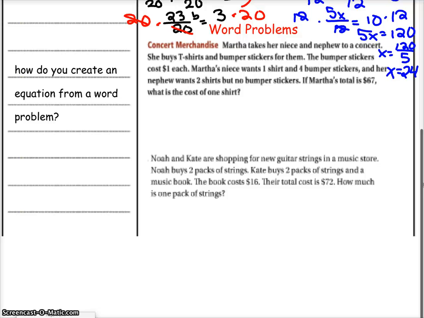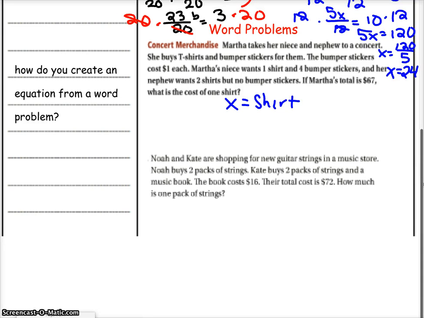Okay, so I have bumper stickers and shirts. What do I not know the quantity of? I know all my bumper stickers, so X equals shirts.